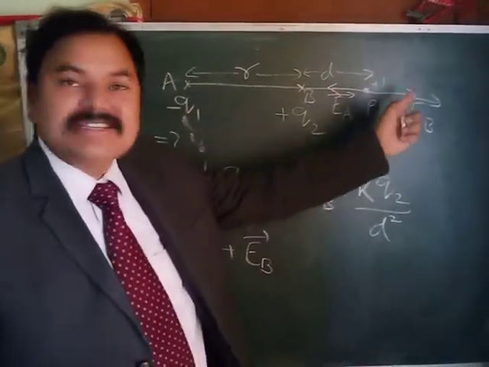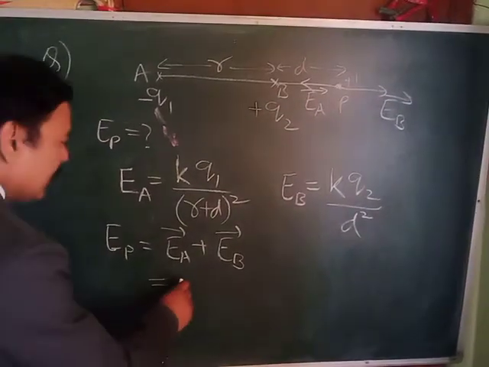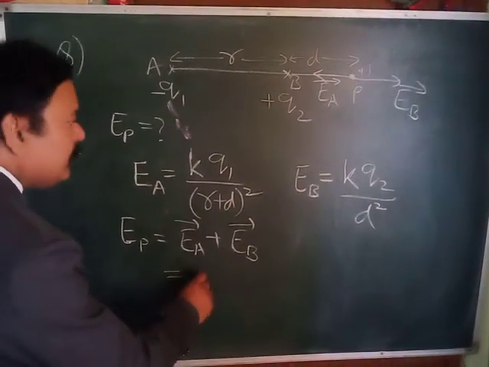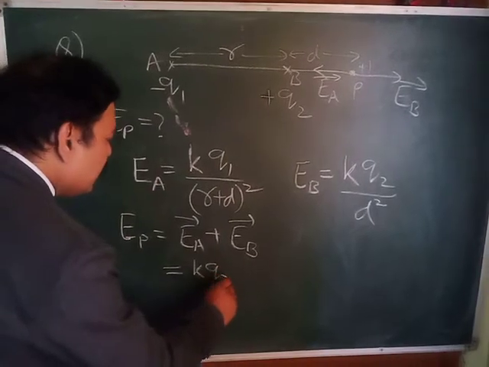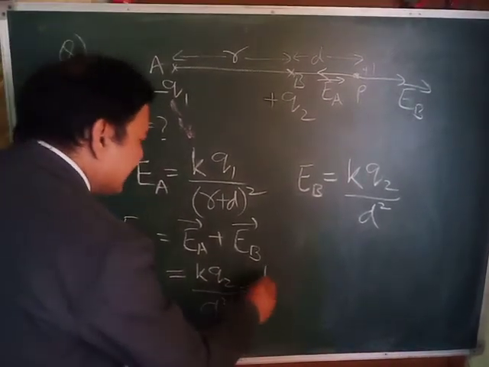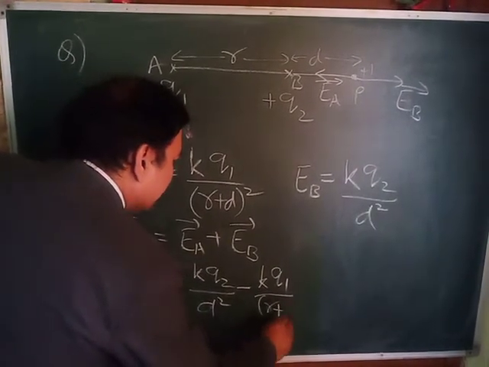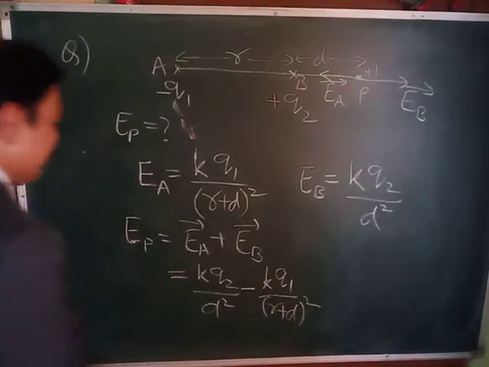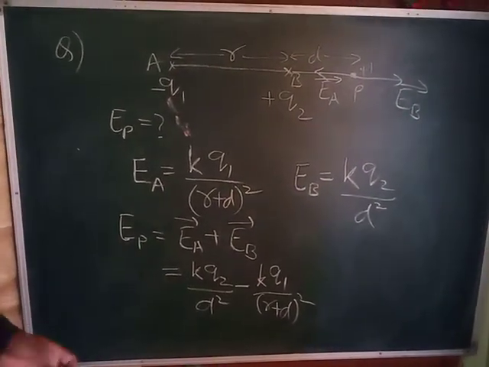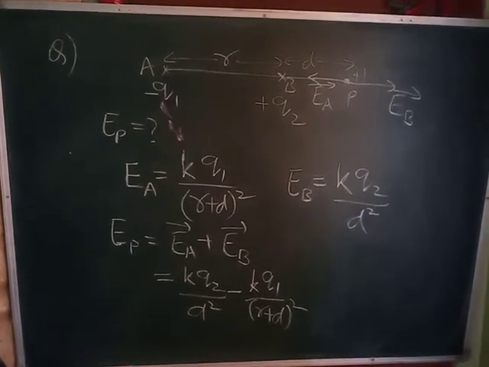If you take that direction positive, then this direction will be negative. So you can write the net field as K Q2 upon D squared minus K Q1 upon (R plus D) whole squared.